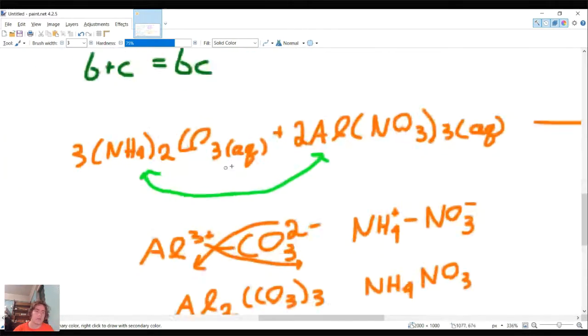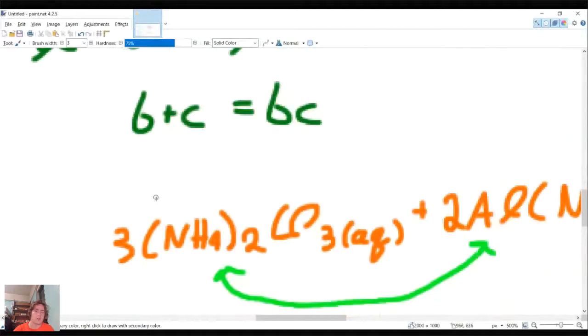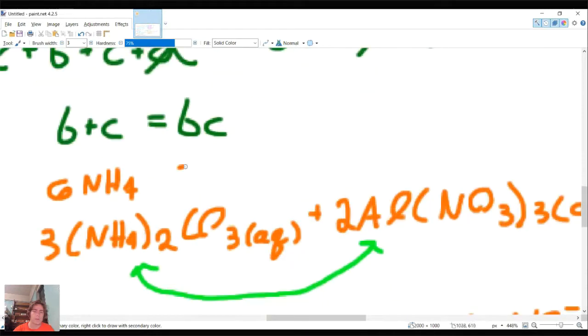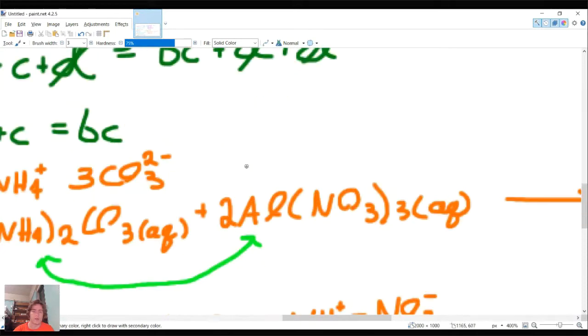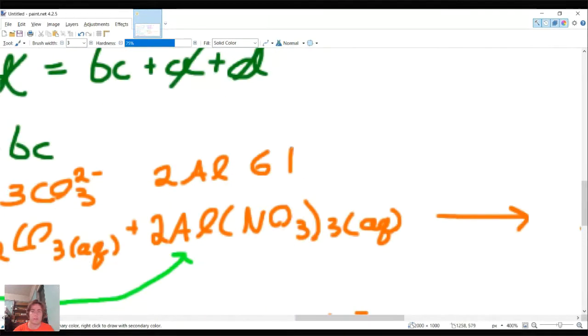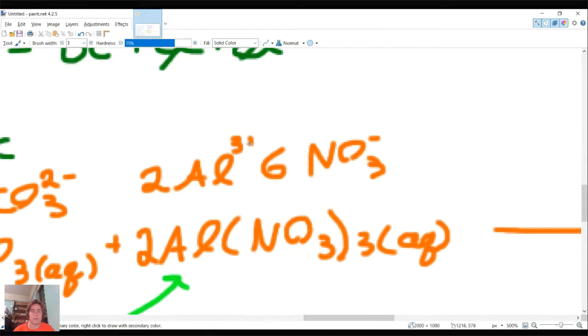So we have, write it up here, 6 NH4, 3 carbonates, 2 aluminums, 6 nitrates. This is a 3 plus.